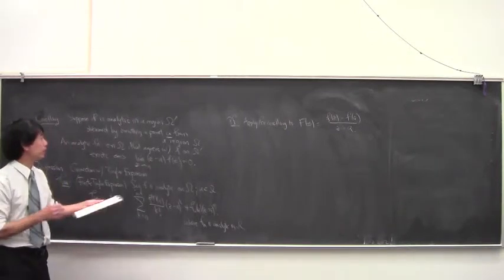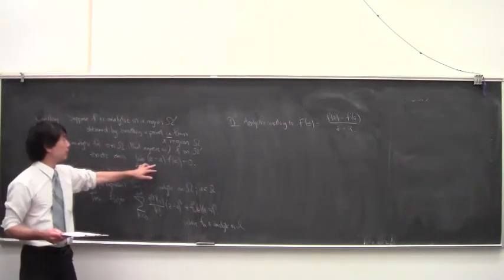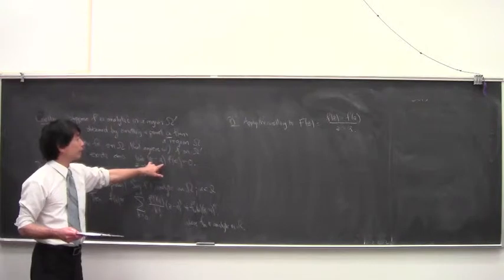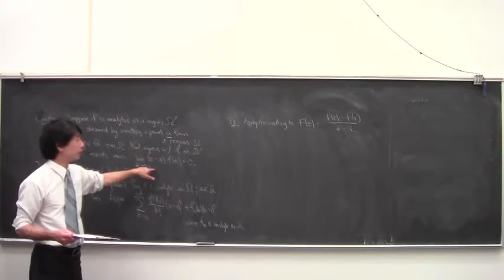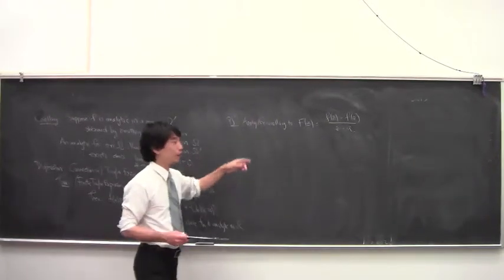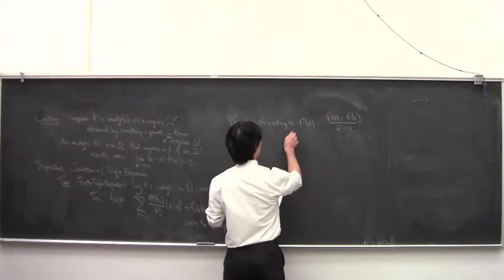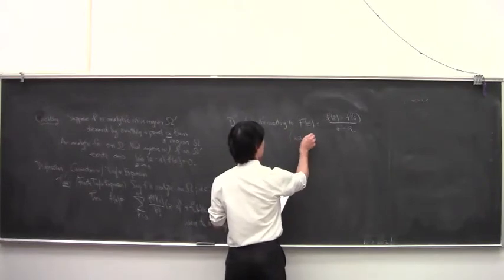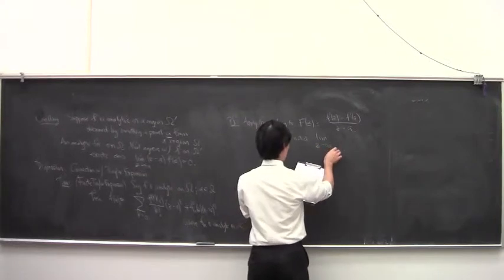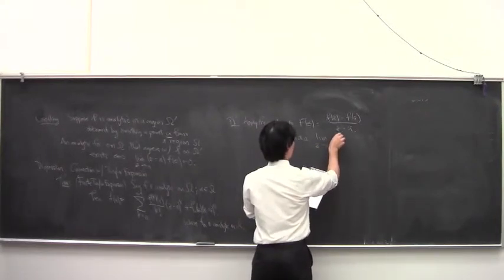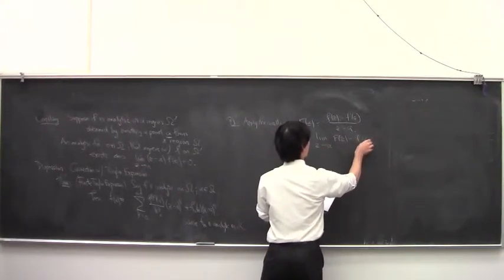If we multiply it by z minus a and take the limit as z goes to a, you get 0. So certainly the corollary applies to it. And notice that the limit as z goes to a of this function is f prime of a.